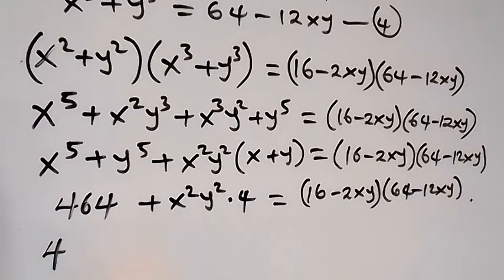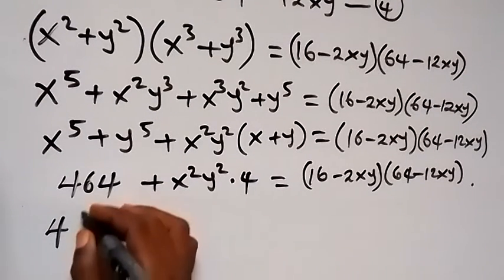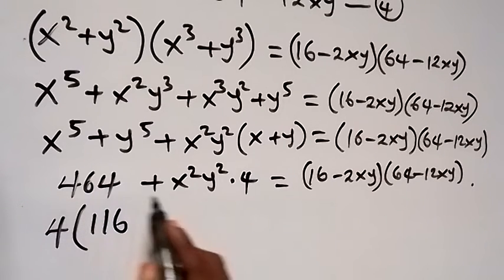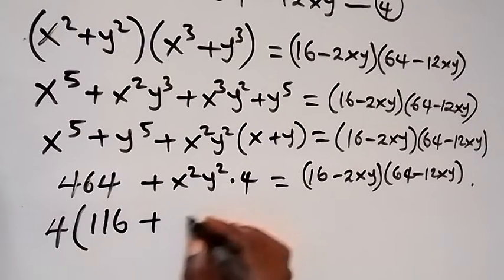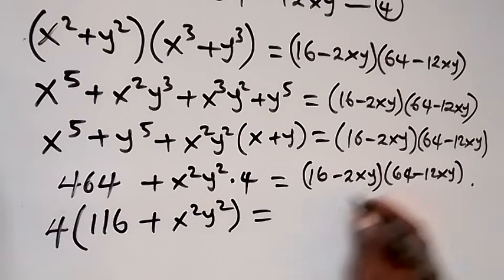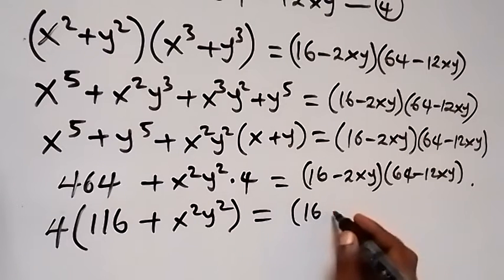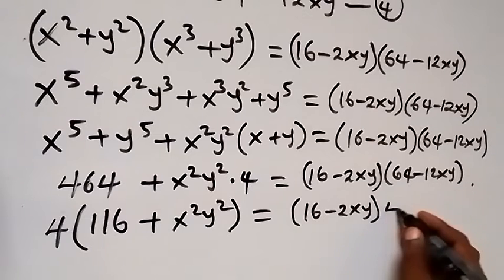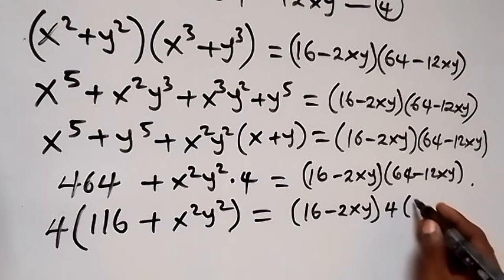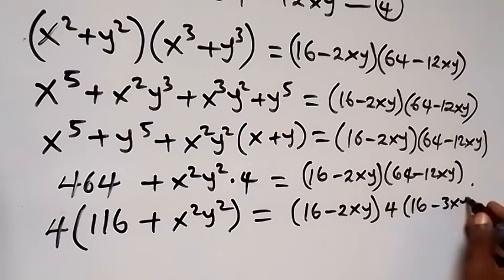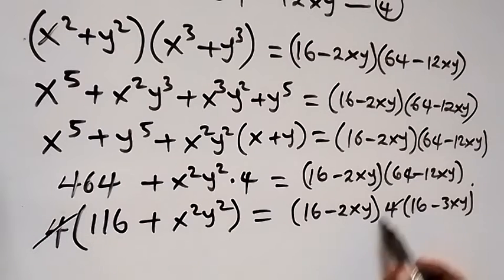We have 4 times the bracket, where what is left is 116 when we divide by 4, plus x squared y squared. This equals the bracket 16 minus 2xy, times, when we factor 4 out of the other bracket, 4 multiplied by (16 minus 3xy). So we can divide both sides by 4 now, and this 4 will cancel out here.